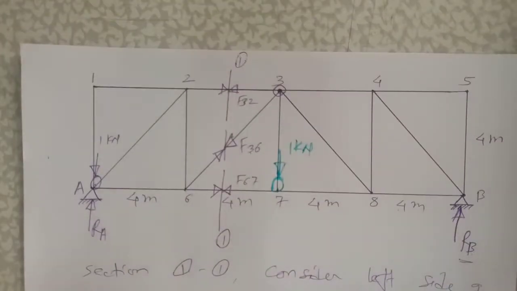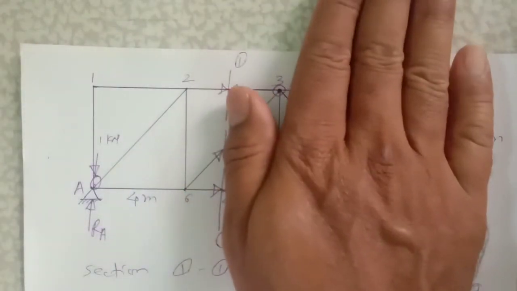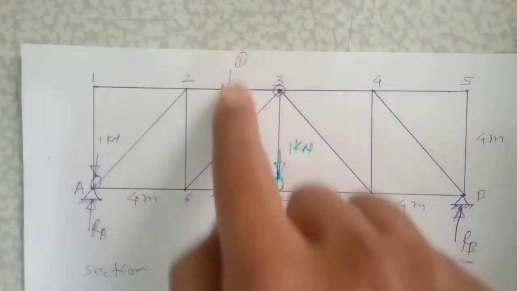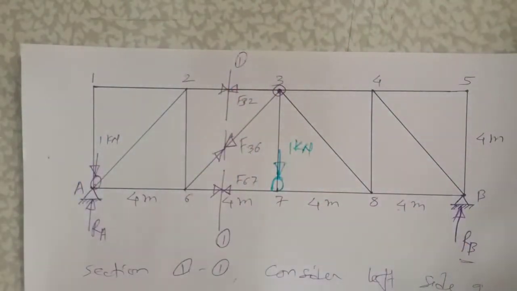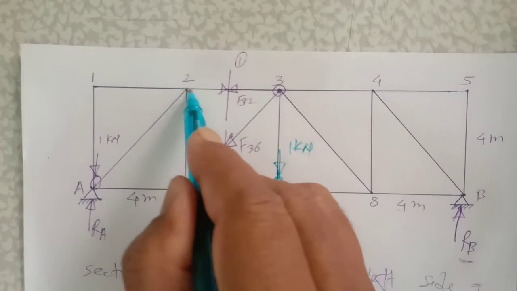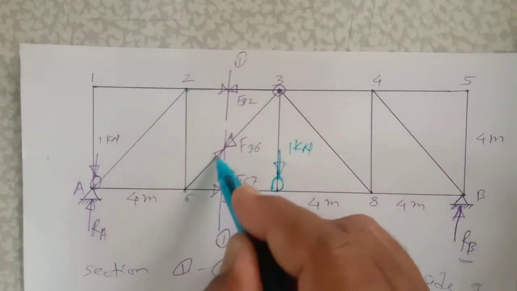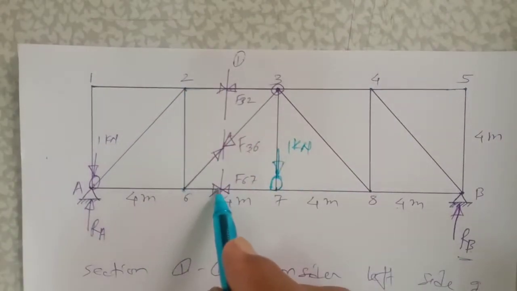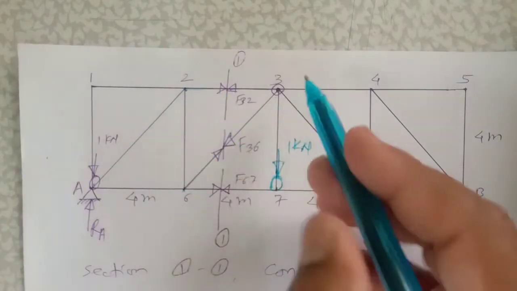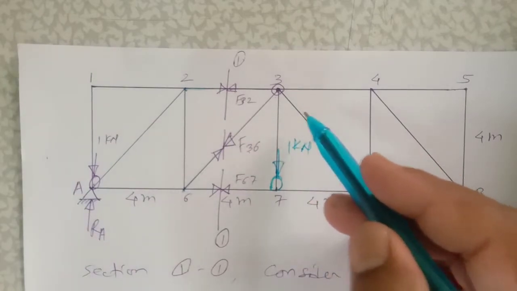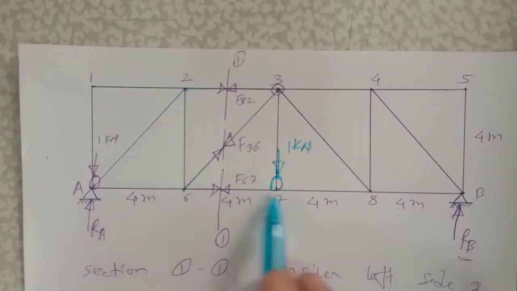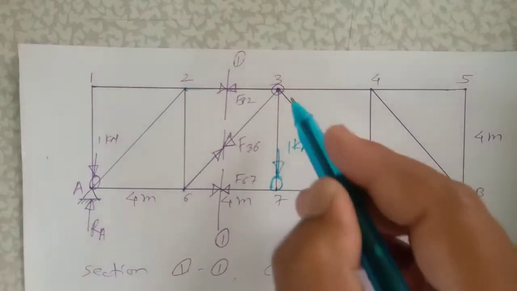That means in this case we have considered this portion skip, and this portion will be considered in equilibrium. How many forces are there? Again, this is the one force, this is the another force, and this is the third force. Okay, and our aim is to find out the force in which member? We have taken this member, that is the 6, 7. Okay, again repeat the same procedure.